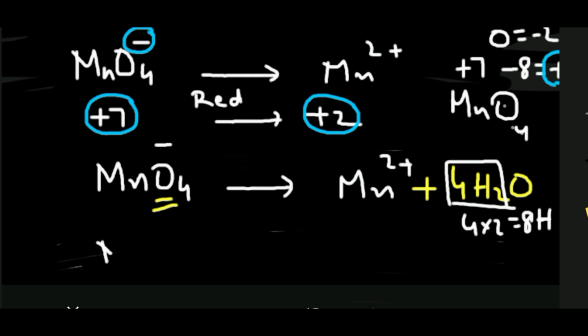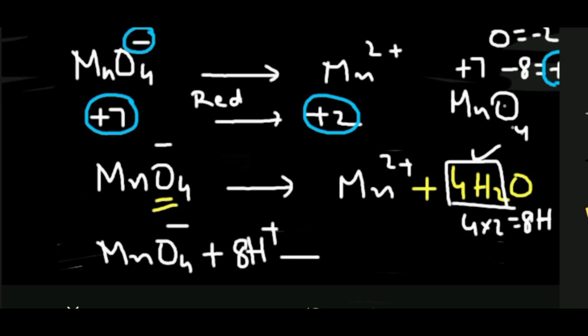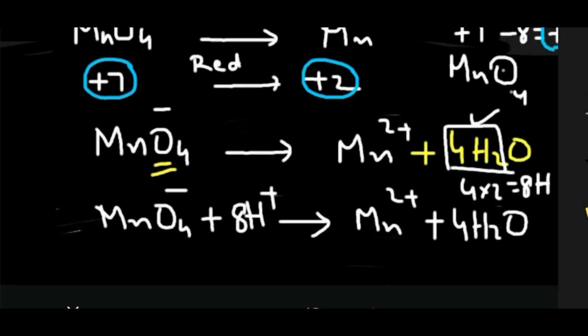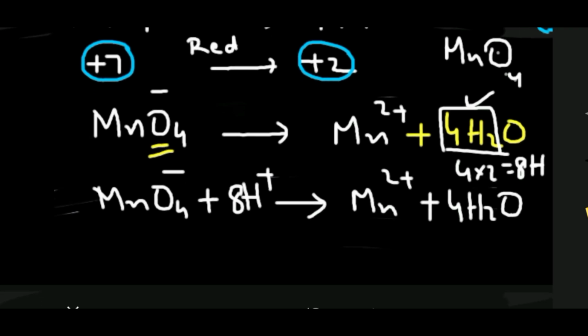So we can write MnO4 minus plus 8 H plus. We add H plus to balance these hydrogen atoms on the product side. So we have added 8 H plus on the reactant side, and we can write here Mn plus 2 plus 4 H2O. Now the hydrogen atoms are also balanced.